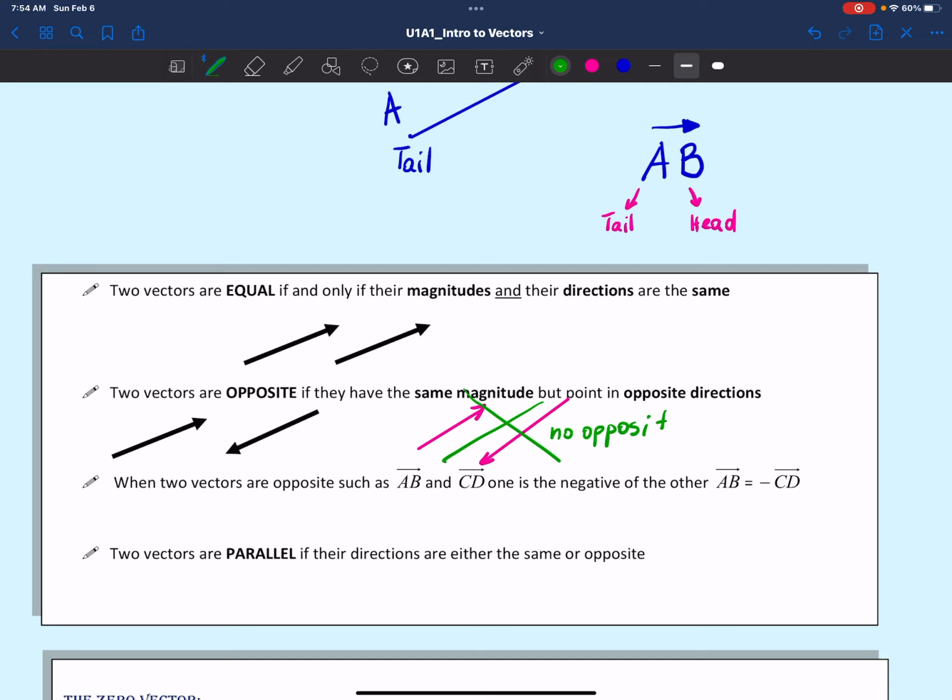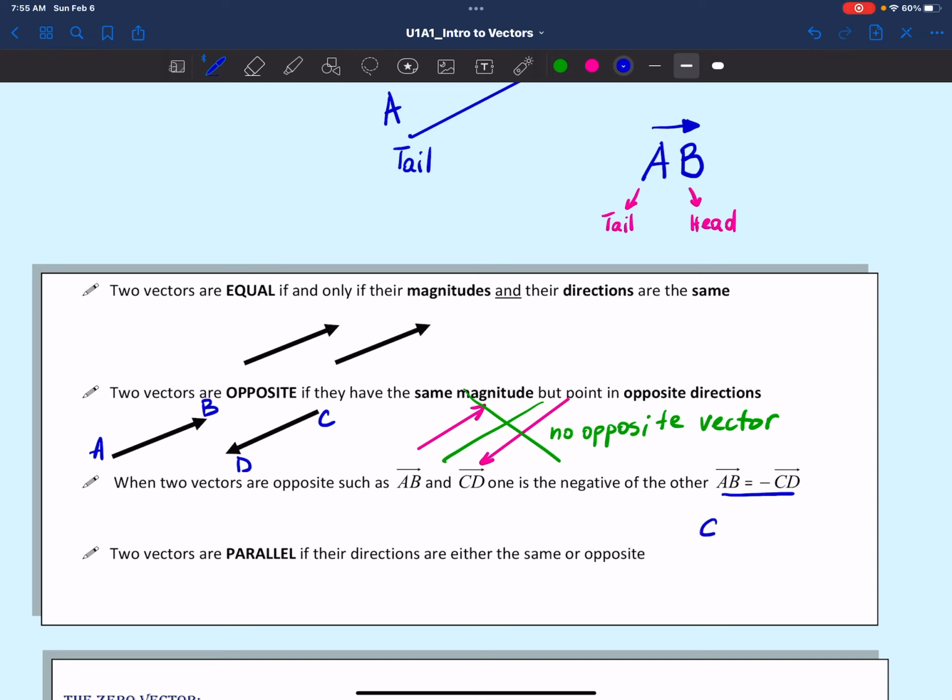So for two vectors again to be opposite, both the magnitudes must be the same and the directions must be opposite. So it doesn't work having one or the other. Now, when two vectors are opposite, such as, for example, if you call this vector AB and this one vector CD, then we'll say that vector AB is equal to negative vector CD.